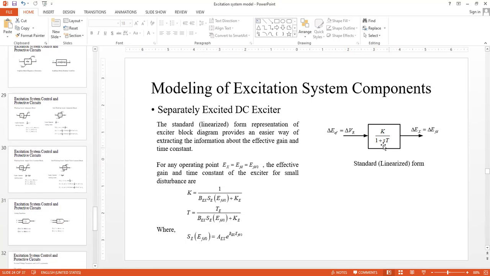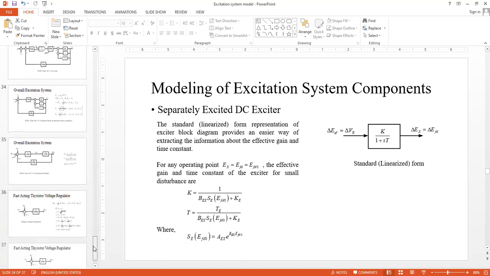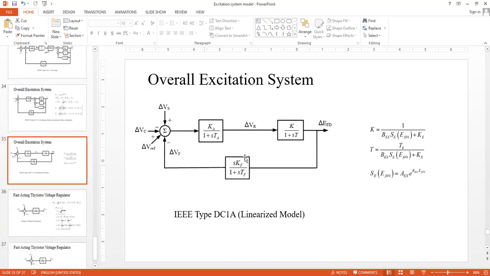So now instead of those 3 blocks, we would be simply using this simple block, and that would give us this simplified version in the linearized domain. So this is the linearized version. This is the linearized exciter block.